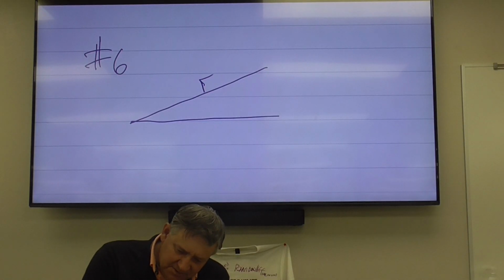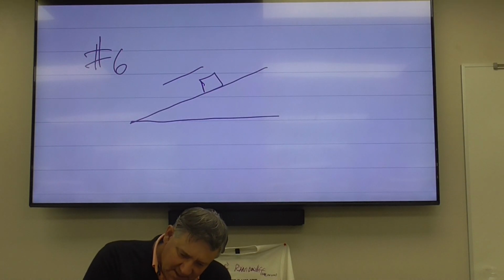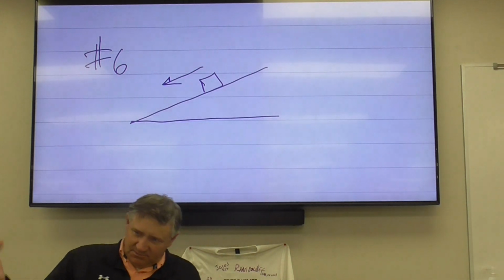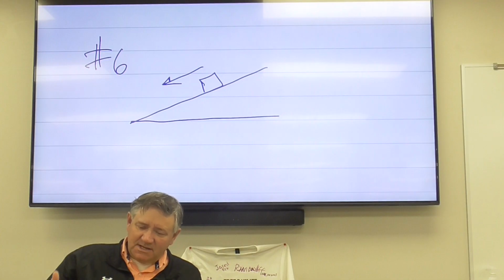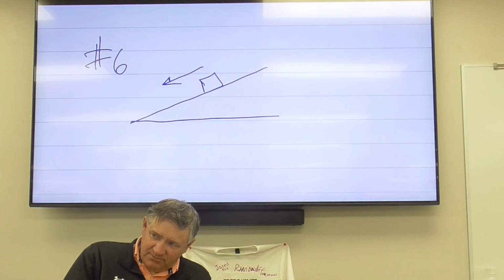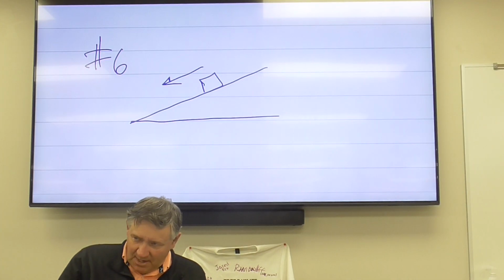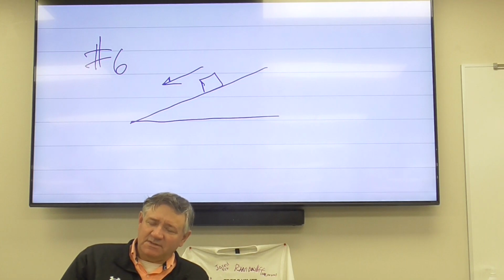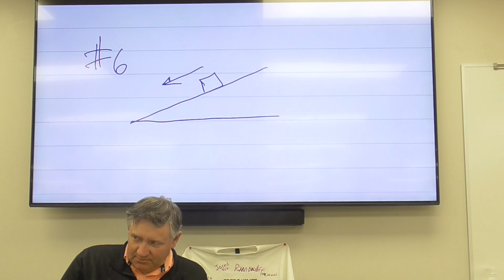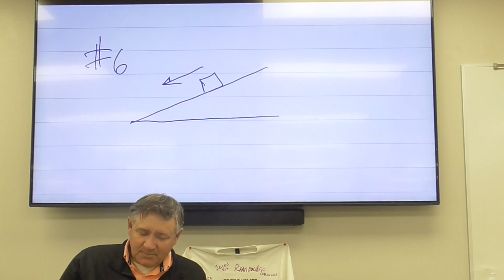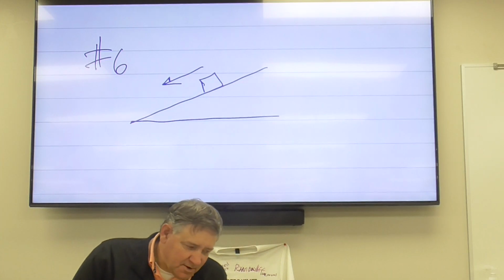So the motion is down the hill. Any force in the direction of motion is defined as positive. Any force in the opposite direction of motion is defined as a negative value. That's it.